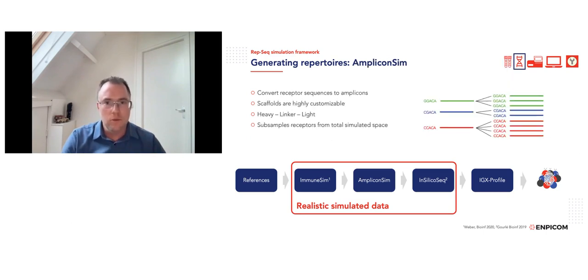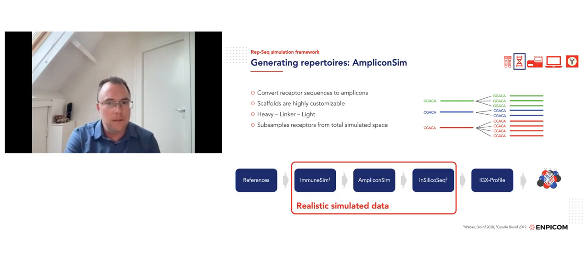So the next step is to simulate the amplification part. And for this, we built a small application ourselves, which we called AmpliconsSim. It converts receptor sequences to amplicons, and it can, for instance, simulate barcode inclusion, scaffolding, but also UMI to try and simulate this part as well.